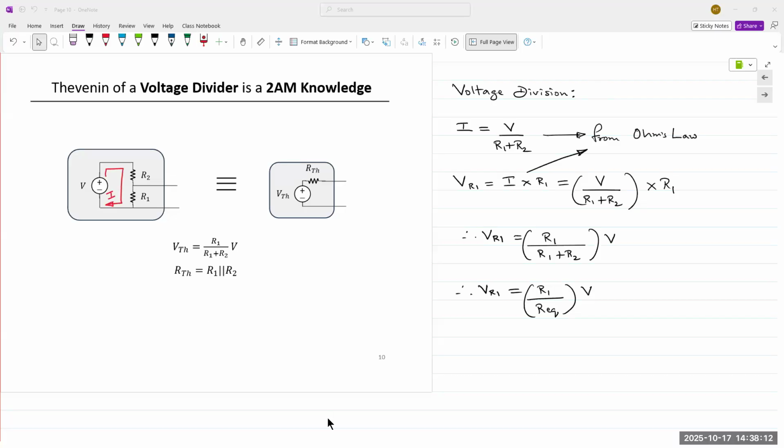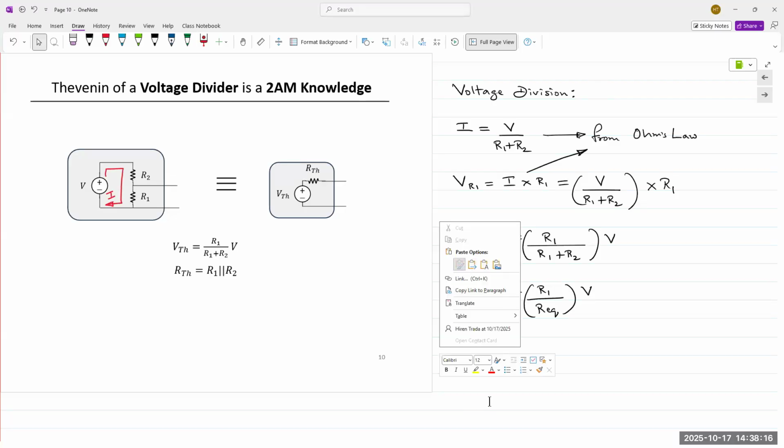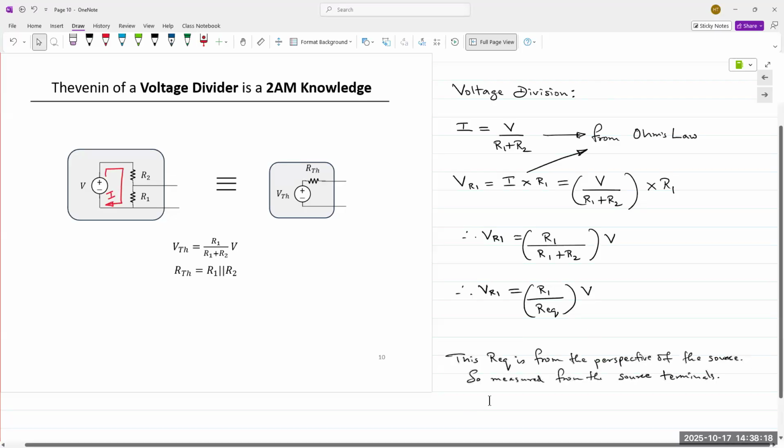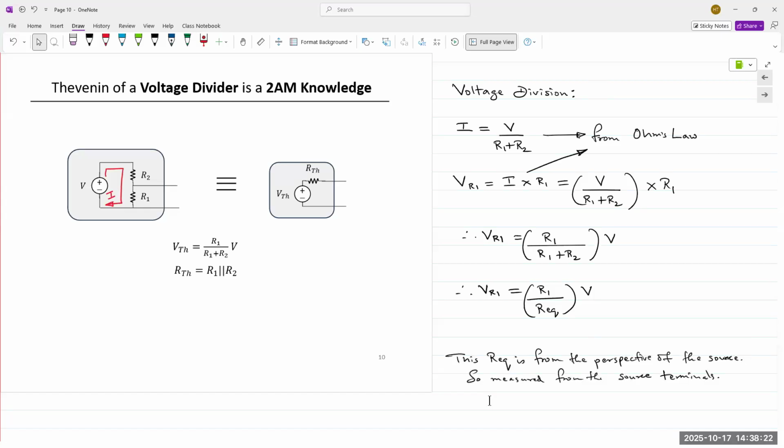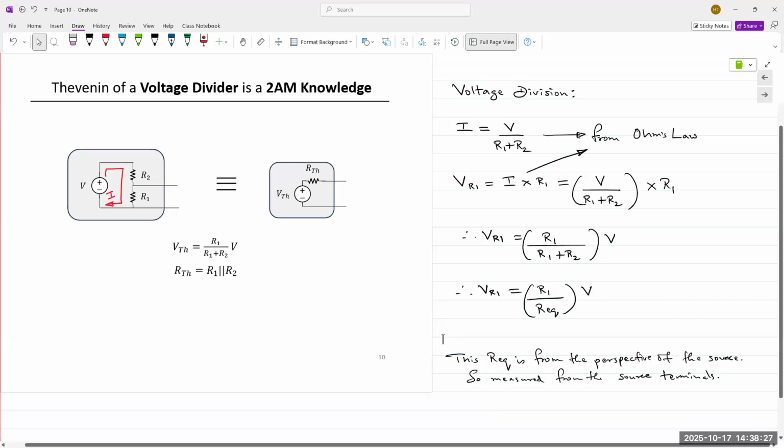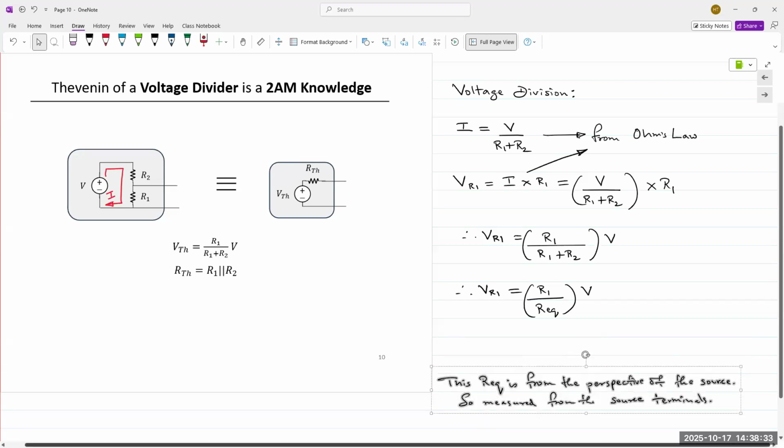I'm going to take a shortcut. This REQ is from the perspective of the source, so it's measured from the source terminals. And from the perspective of the source, the two resistors are in series.